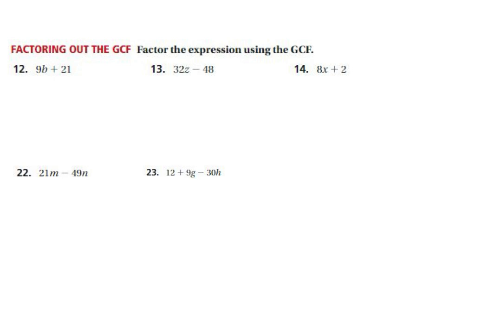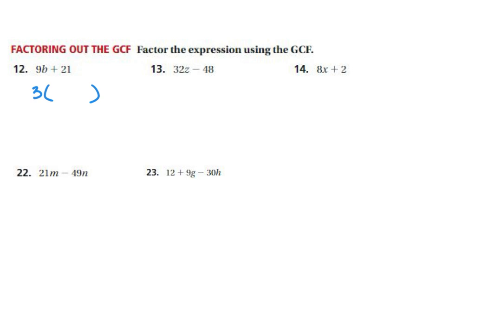For questions 12 through 23, it says factor out the GCF, which is the greatest common factor. Factor the expression using GCF. All right, so for number 12, the greatest common factor between 9 and 21 is going to be 3.